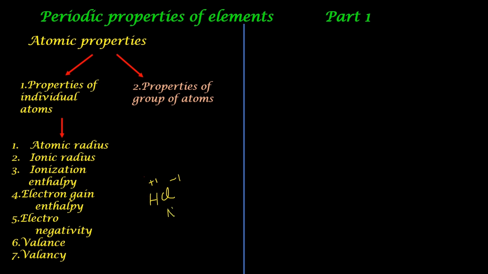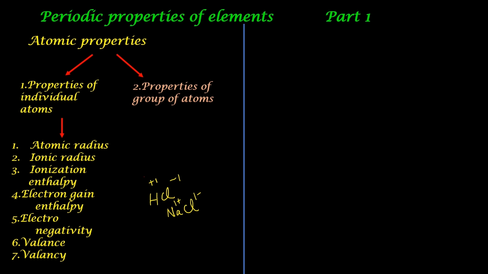When sodium combines with chlorine to form sodium chloride, sodium loses one electron and becomes positively charged. The charge on the sodium atom will be 1 positive and the charge on the chlorine atom will be 1 negative. So when we are representing the charge on the cation or the anion, we have to put the number first and then the sign.